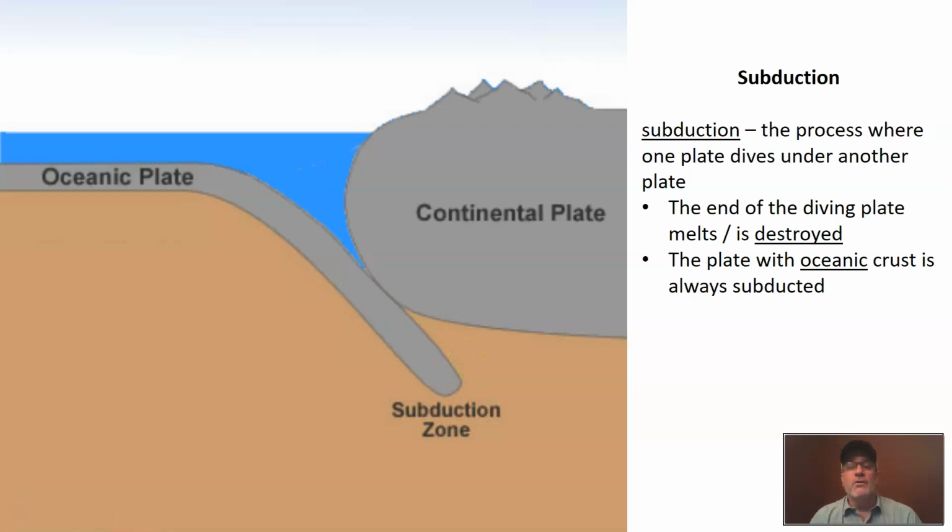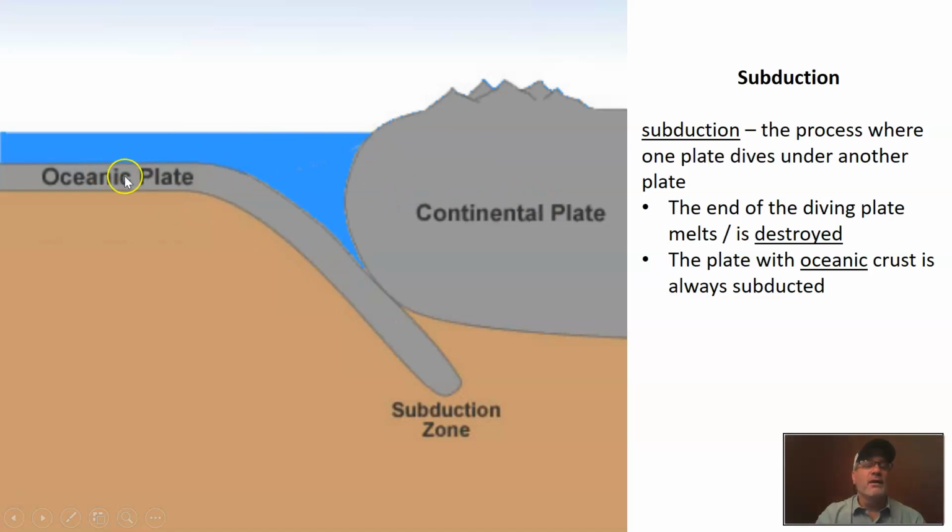And so really, whenever we have two plates, you may think, oh, well, which one's going to go underneath when they collide? Because remember, this is only going to happen at a convergent plate boundary, and always the oceanic plate is going to be the one that dives under.